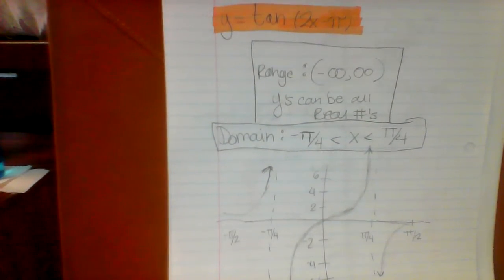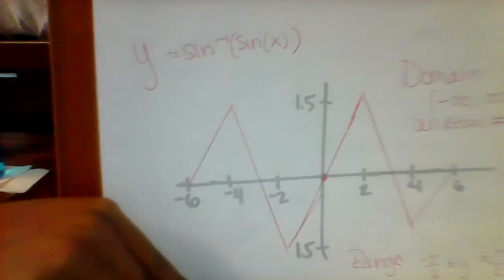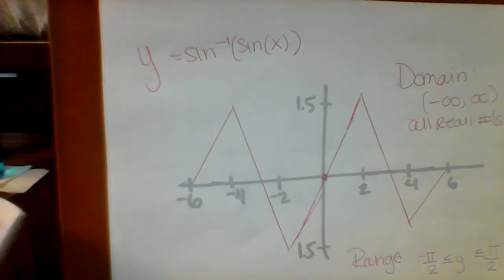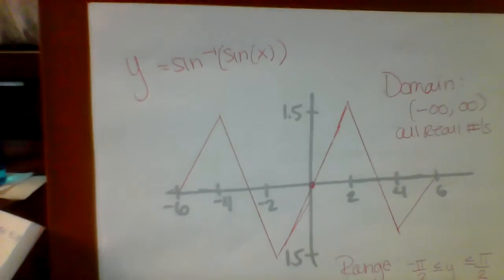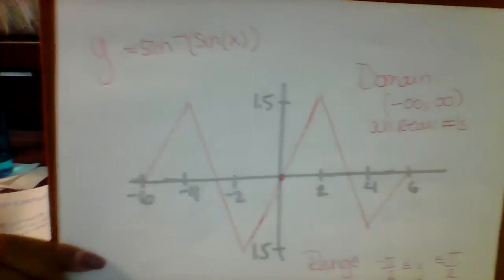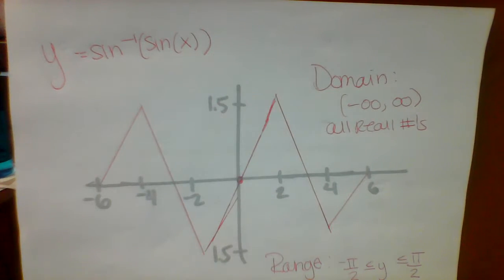Okay, so first we're going to look at one of the graphs. The first graph you're seeing is the sine inverse of sine x. And it kind of looks like we have some mountains here.